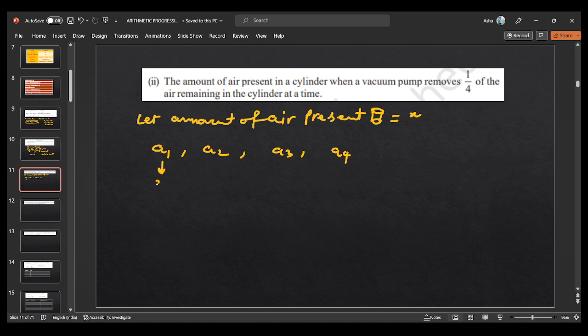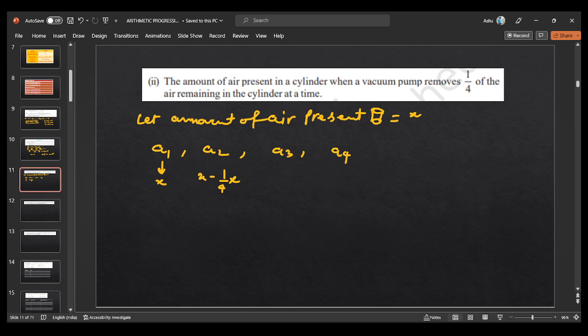A1 is x, we assume, and A2 will be, when the vacuum pump removes 1 by 4th of the air remaining in the cylinder, x minus 1 by 4 of x. Clear?